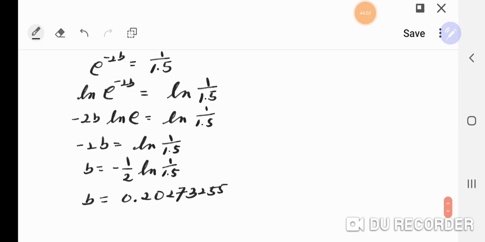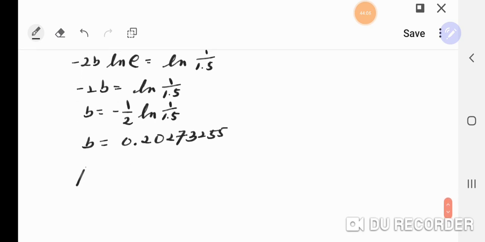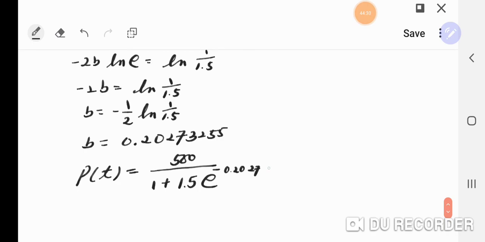So from this, we can rewrite the equation. The logistic model: P of t is equal to C, which is 500, divided by 1 plus A, which was 1.5, times e to the negative B, the value we just found, 0.20273, times t.